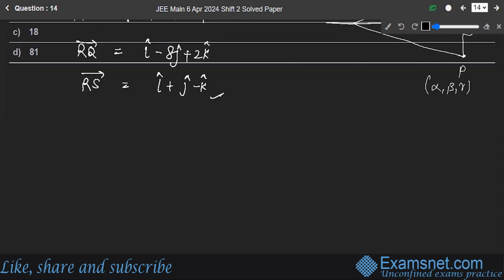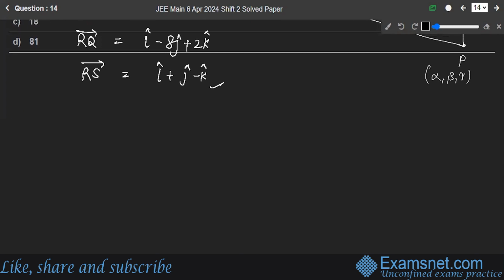Now, let's have the dot product of RS and RQ. So the dot product of both of them is the magnitude of both the vectors multiplied by the cos of angle between them.